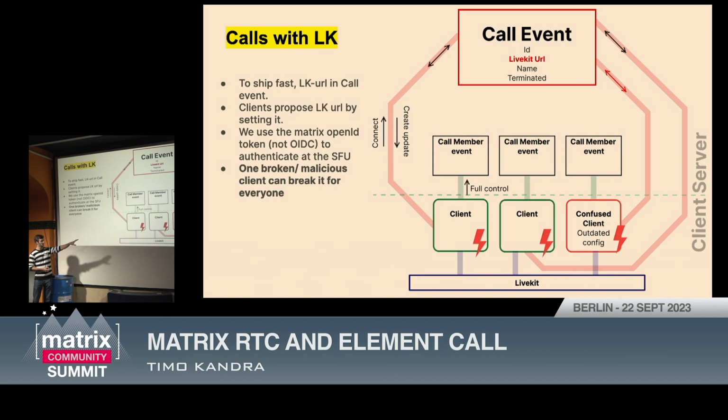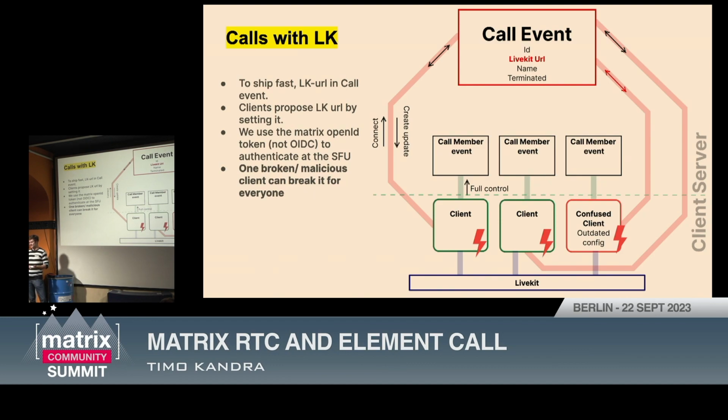If we have one confused client, evil client, or non-updated client, and the call was working with the two clients on the left-hand side, and then this client joins, updating the LiveKit URL with something broken because of old configuration or just being evil, then you basically ruin the experience for everyone. Because then people listen to the update, they try to connect to the new LiveKit URL, and nothing works anymore.